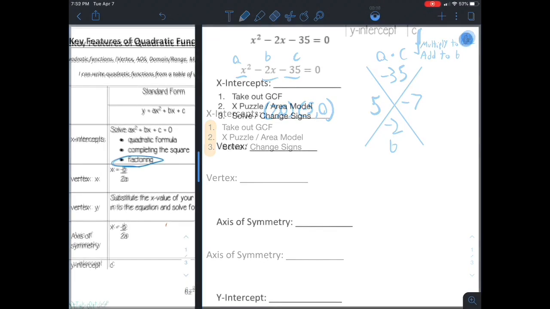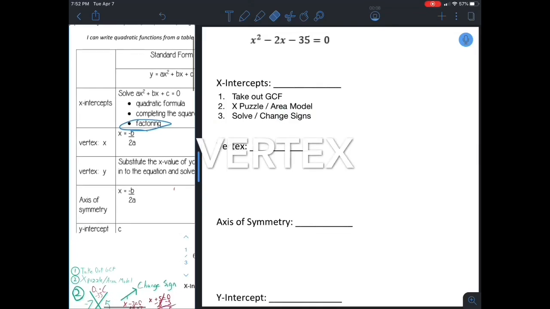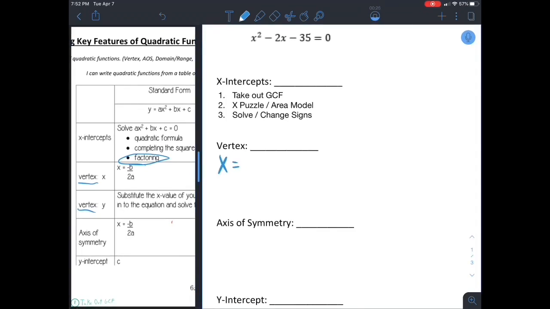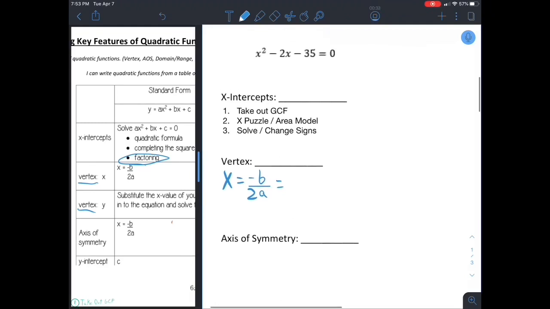It would like us to find the vertex of the same quadratic function. Let's go to our table. We see the vertex is broken up into the x value and the y value. So for the x value, we do x equals negative b over 2a. All right, so what is our b?